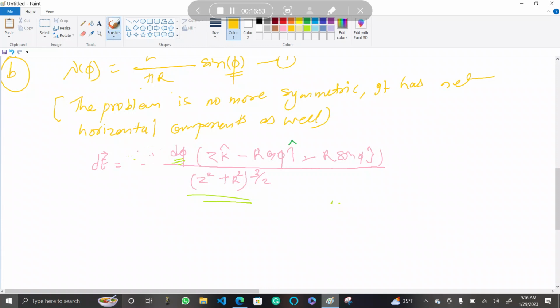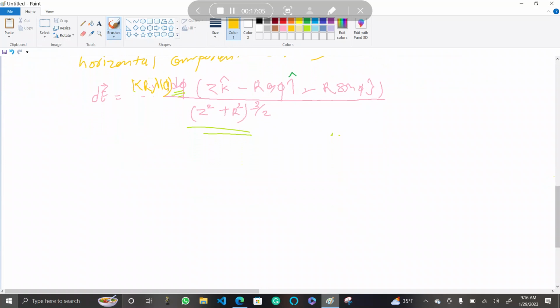I have k r lambda of phi. So in order to calculate the total contribution to the electric field because of the whole loop, the x component and y component will no more be 0. So I'll be taking the x, y, and z components of the electric field.